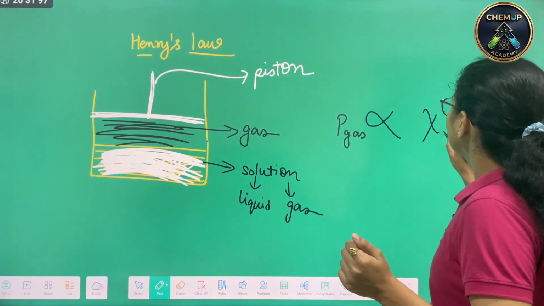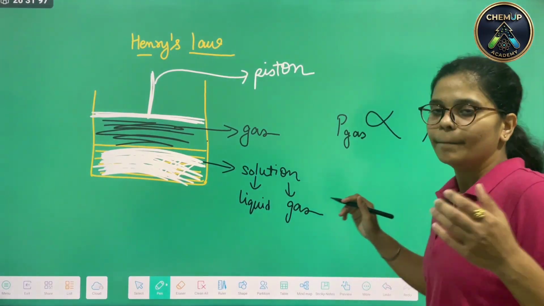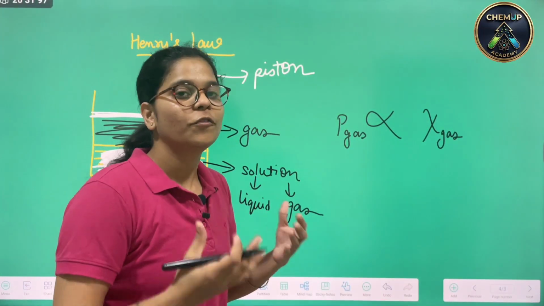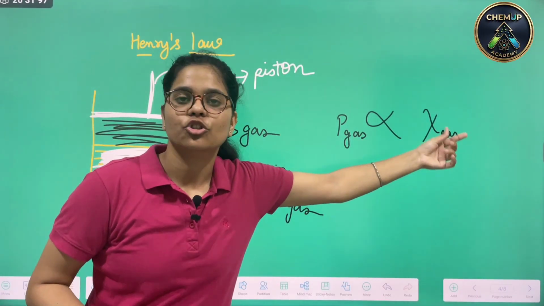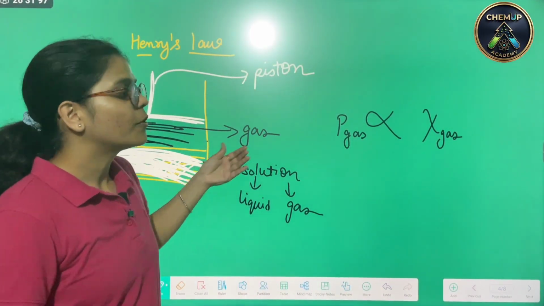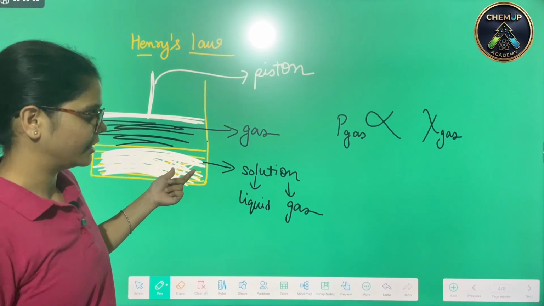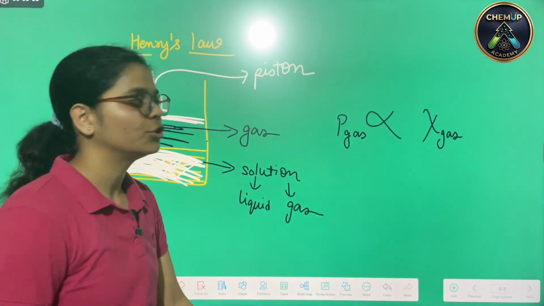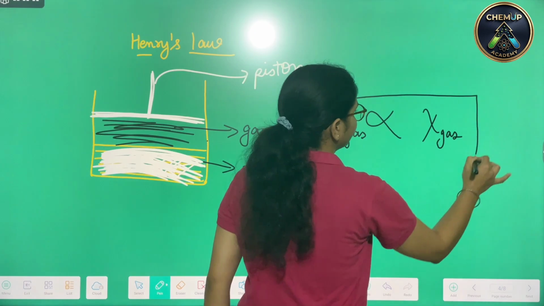Whatever number of moles, mole fraction, of gas is dissolvable, that will be directly proportional to the partial pressure of the gas.